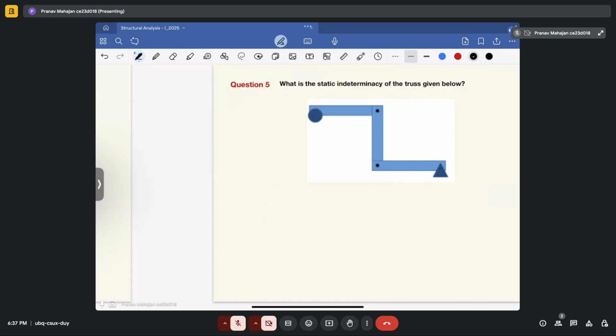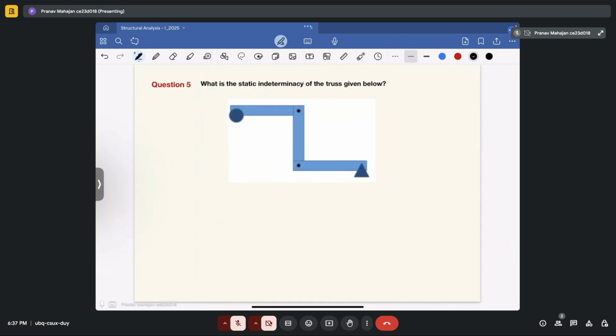Now let's move further. Again, you are having one question in which you are expected to determine static indeterminacy. Now I think you are now familiar with how to determine them. So see, this is your hinge support, this is your roller support, and these are your internal hinges. I will write it as internal hinge, internal hinge.